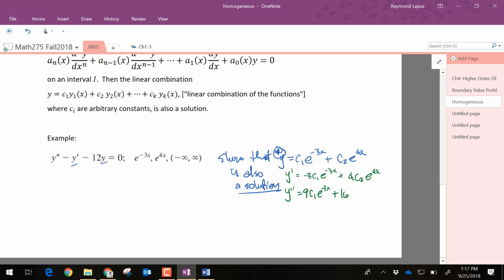And then 16c2 e to the 4x. Okay, let's drop the y double prime in for y double prime in our differential equation: 9c1 e to the minus 3x plus 16c2 e to the 4x.